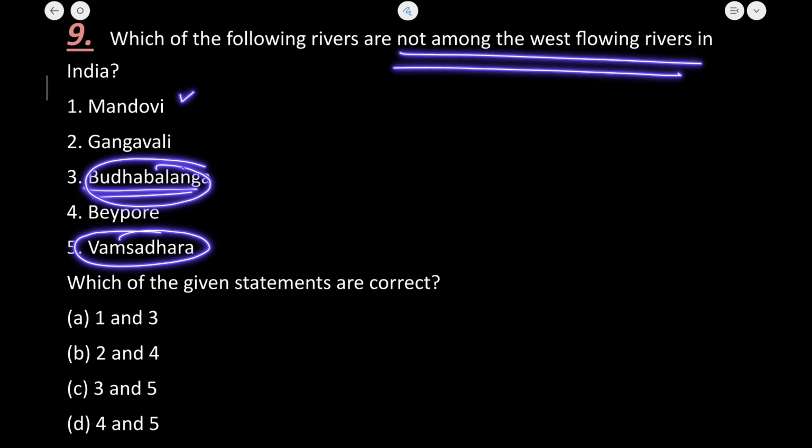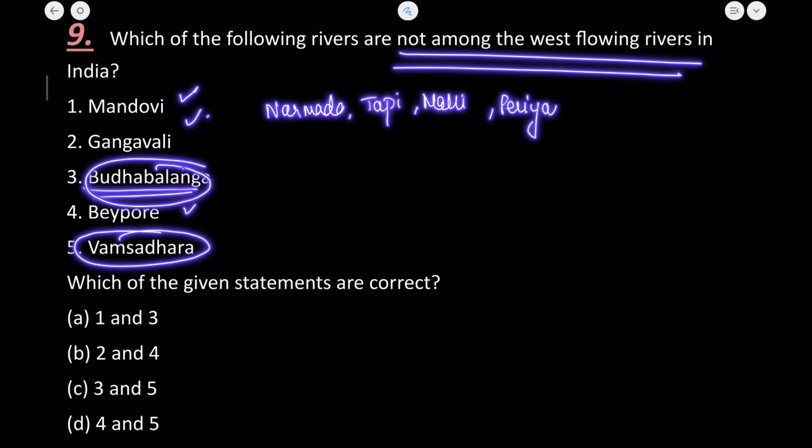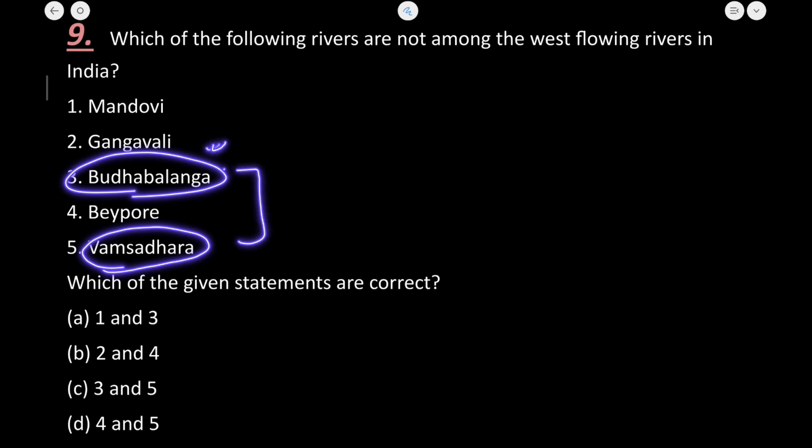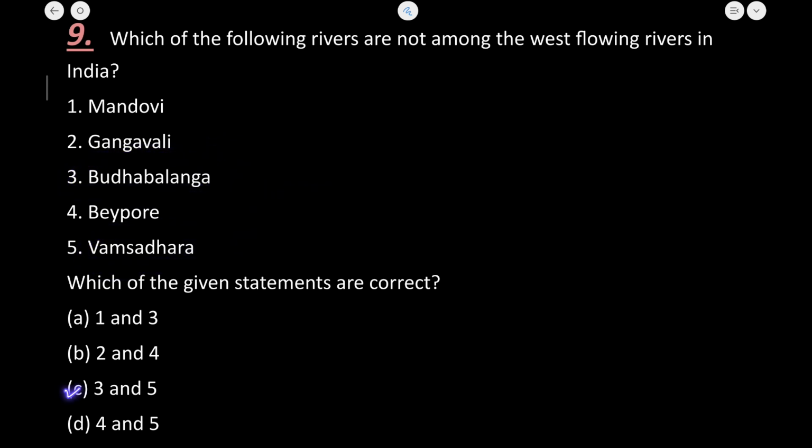Other than these, Mandovi, Gangavali, Bedti, and also Narmada, Tapi, Mahi, Periyar river, Bharatapuzha river, all of these are west flowing rivers. Two rivers that you can keep in mind are Vamsadhara and Budha Balanga. These are east flowing rivers, not west flowing rivers. So 3 and 5 is the correct answer to this question.